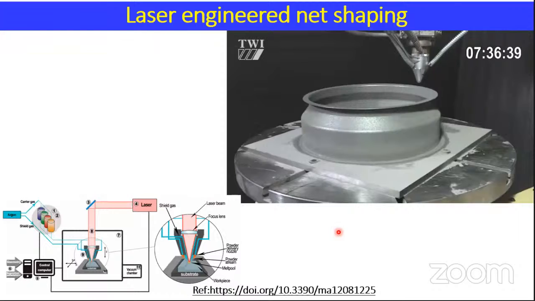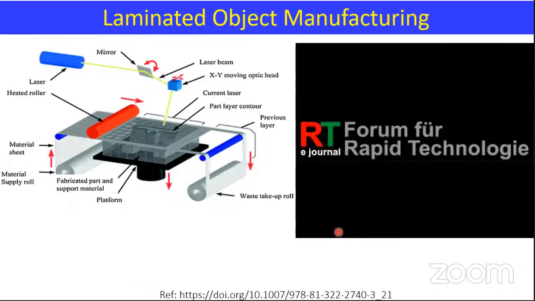Okay, so moving forward, we also have another technique called laminated object manufacturing. Starting from FDM, SLM, EBM, and LENS, you could have seen that except for FDM, the powder is the starting material. In the case of FDM, although you start from a solid wire, while printing it is deposited as a liquid, right?